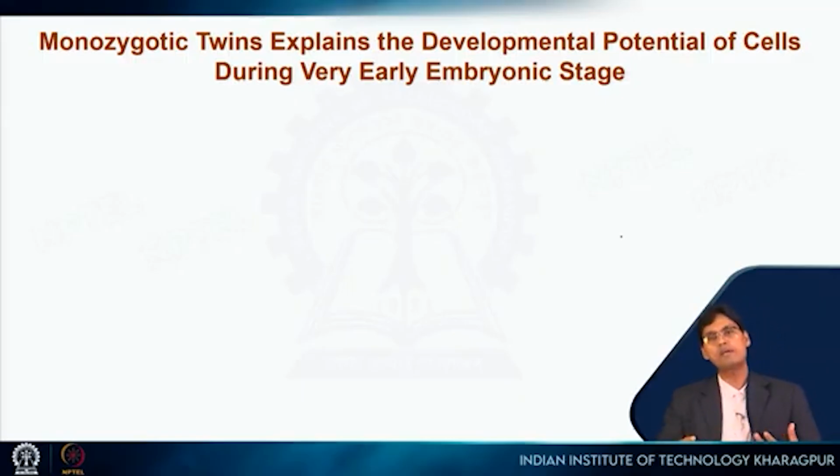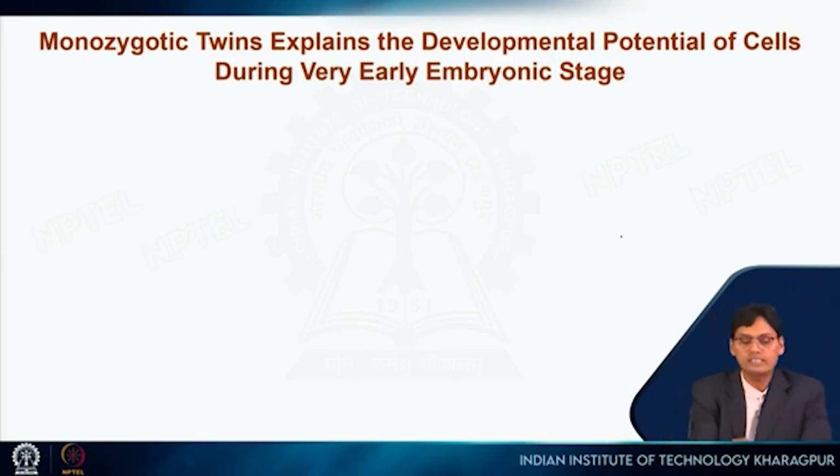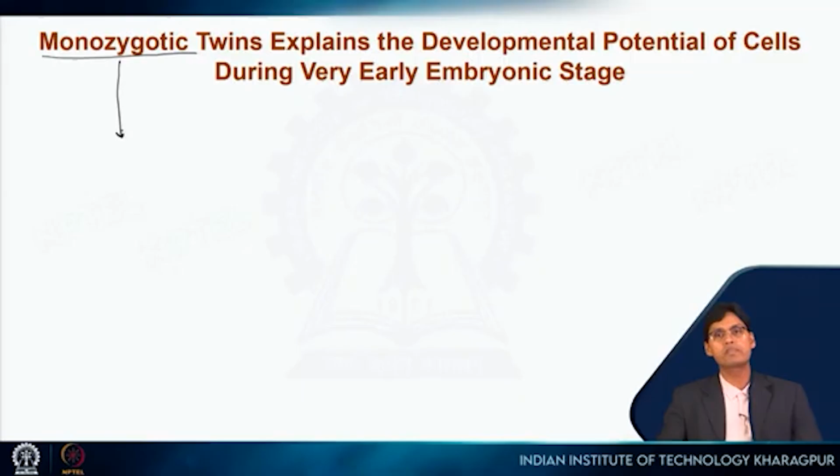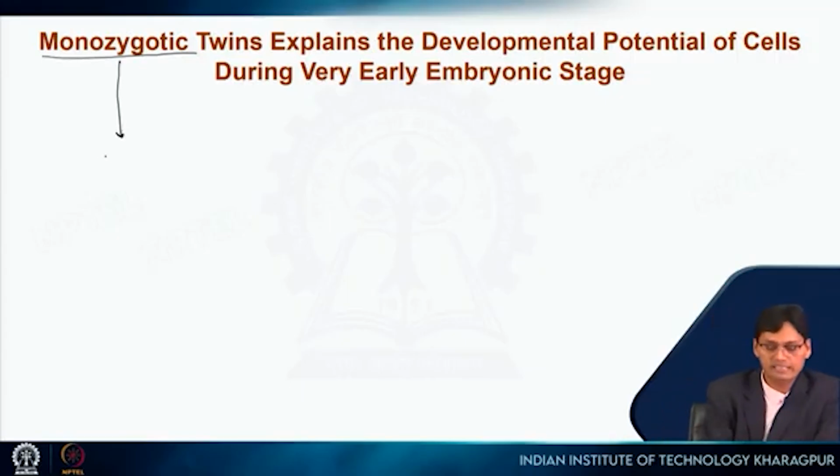In the human population, you see monozygotic twins. There can be 2 different types of twin that we see in our natural population. One is monozygotic twin, that means identical twin. Both of them originate from the same zygote. So I'm just writing here, this is identical twin.